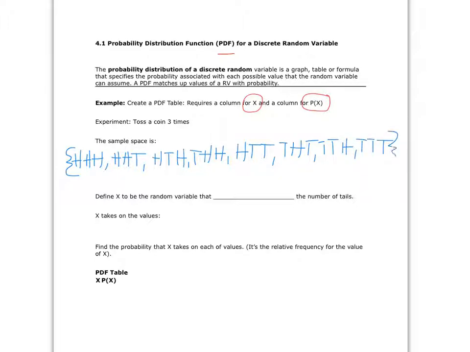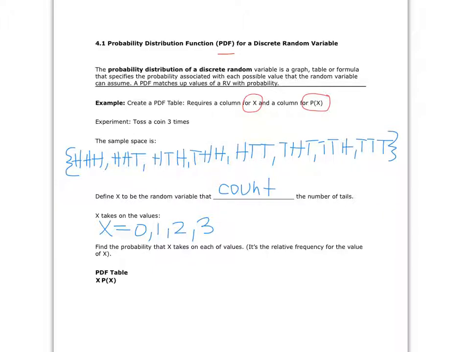Okay, so this experiment has outcomes that are non-numeric, so we have to define that random variable to be something that is a number. So let's define it to be the number that's going to count the number of tails in each outcome. So x takes on, like in the first outcome, x is 0, and then in the next 3, x is 1, and in the 3 after that, x is 2, and then the last one, x is equal to 3.